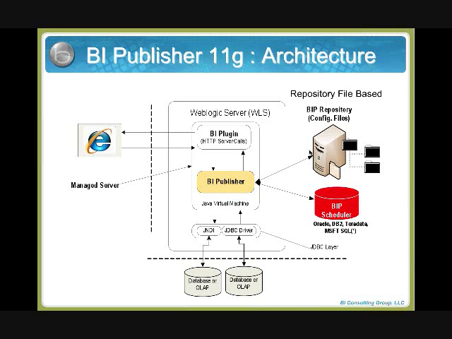This request is an HTTP call handled by another Java component of BIEE, which is the BI plugin. The BI plugin obviously goes into additional processes like authorization, authentication, which is done by the BI security piece of the whole installation. And next, and finally, we'll go to the actual BI Publisher application.